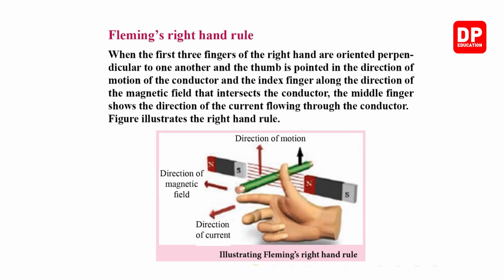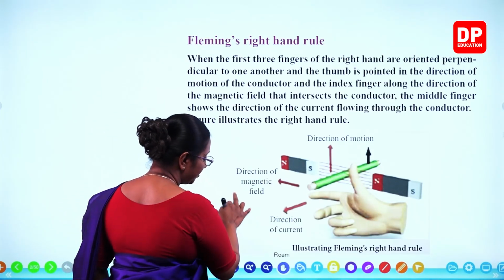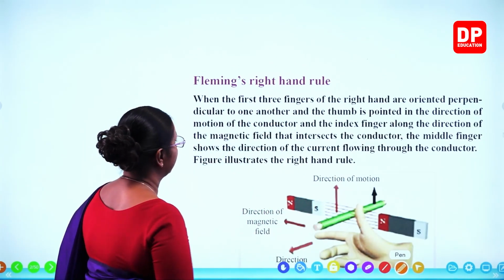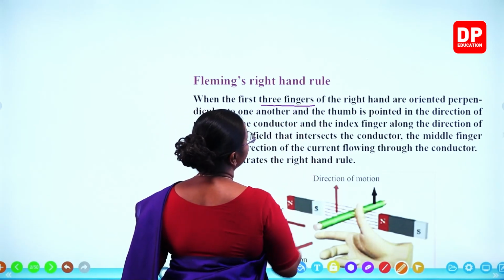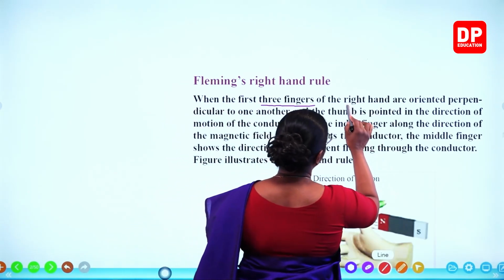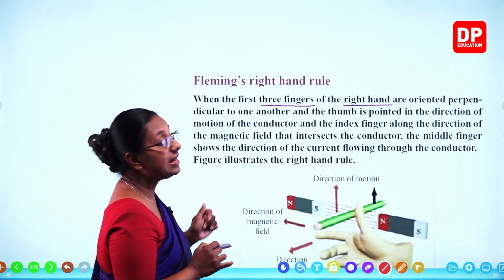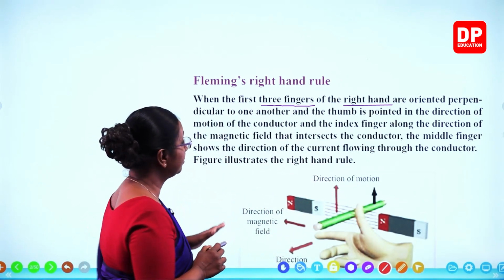So here you can see Fleming's right-hand rule. Here you can see, students, what I explained to you all. Now we have to use three fingers and it has to be the right hand. You have to understand that, and they have to be perpendicular to each other.